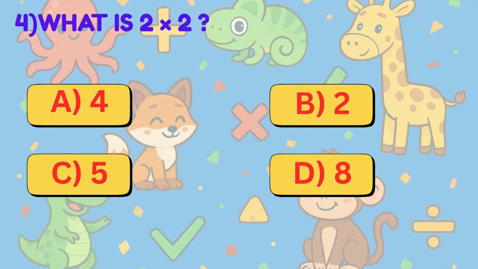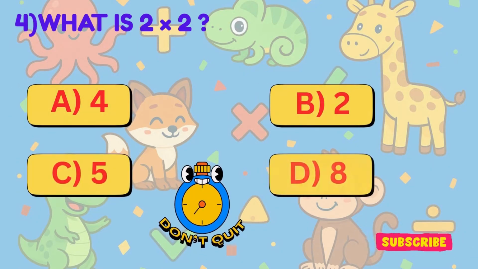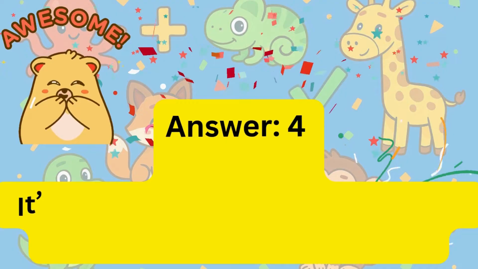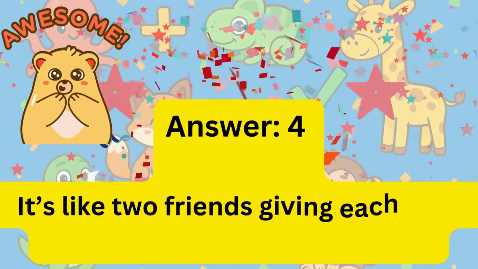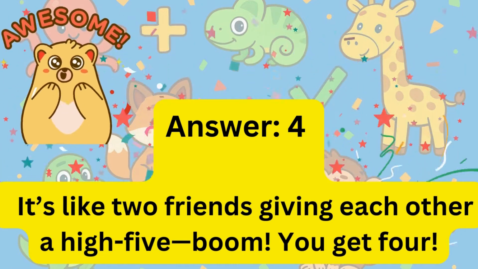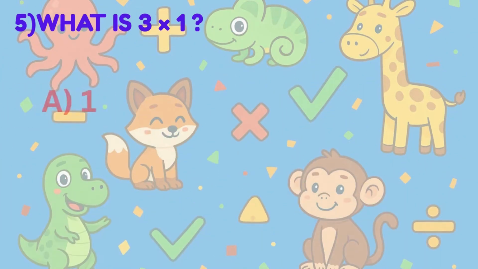What is 2 times 2? Is it A, 4, B, 2, C, 5, or D, 8? Correct answer is 4. It's like two friends giving each other a high five. Boom! You get 4.